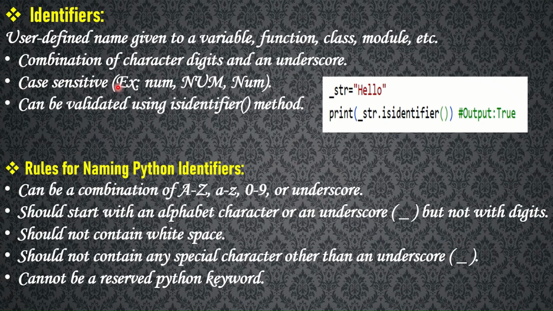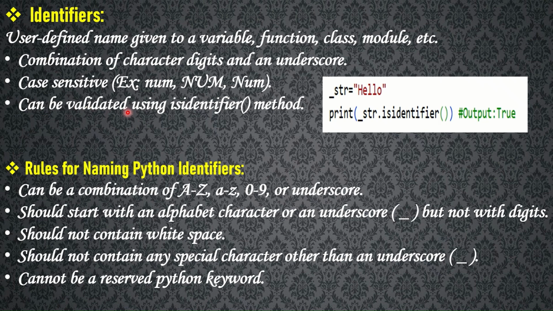That means lowercase and uppercase letters are treated as different characters in Python. Here, you can see we have three variable names, defined all in lowercase letters, all in uppercase letters, and in a combination of lowercase and uppercase. These three are treated as three separate variables, so we call that case sensitive.